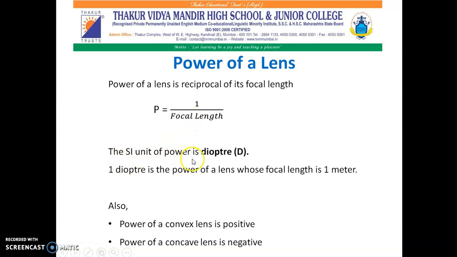The SI unit of the power is diopter, that is indicated by capital D. If the focal length is 1 meter, then the power will be 1 diopter. Also, the power of the convex lens is positive, whereas the power of the concave lens is negative.